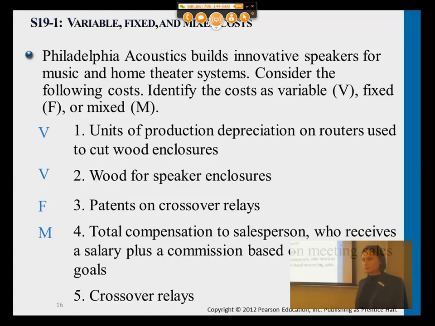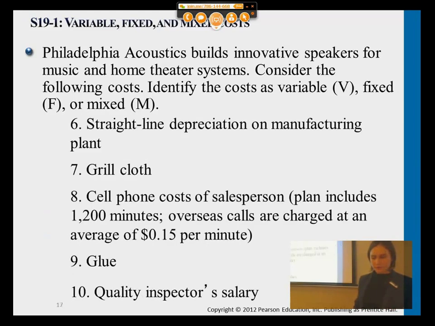Just a part of the speaker. Am I right? I'm pretty sure it is. That's what a relay is. It's a variable, right? It depends on how many I'm producing. Okay.